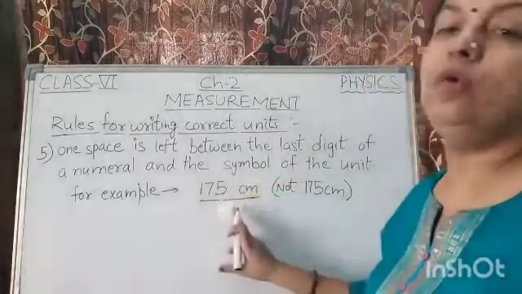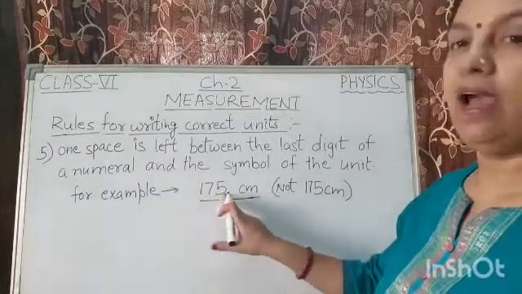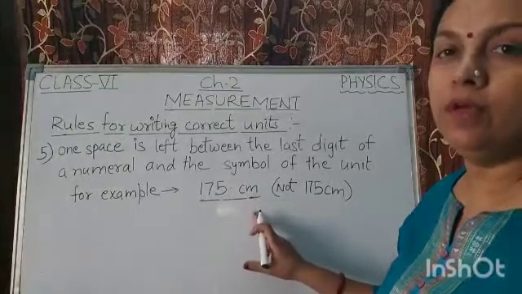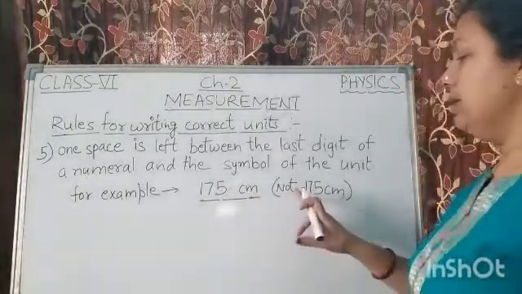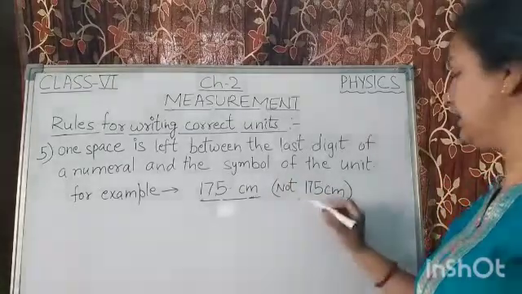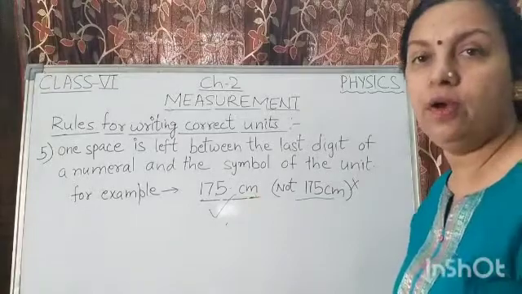Here we have to leave one space. We will write like 175, then leave a space, then write cm, the symbol of length, centimeter. We won't write like 175cm. This is incorrect. This is the correct way of writing.